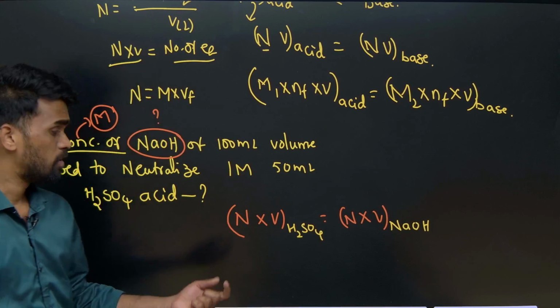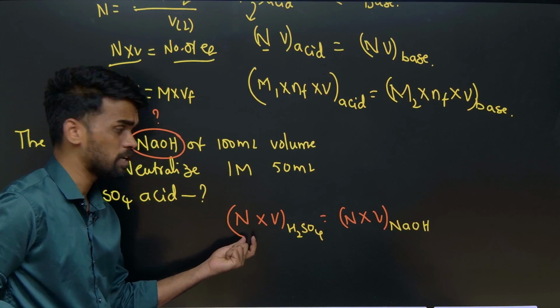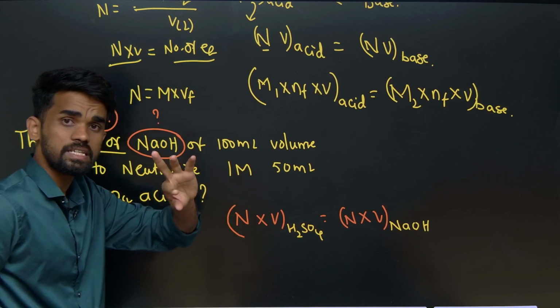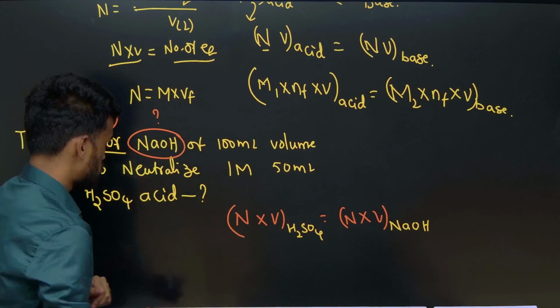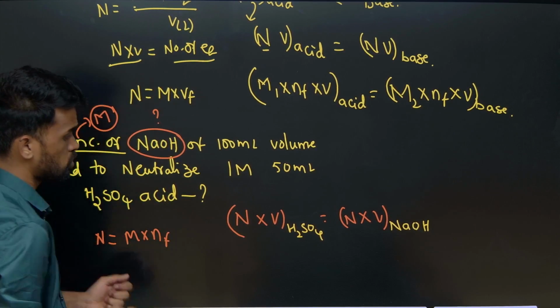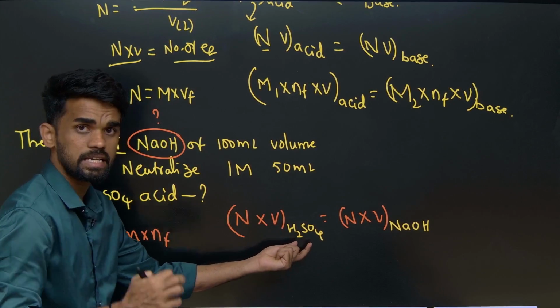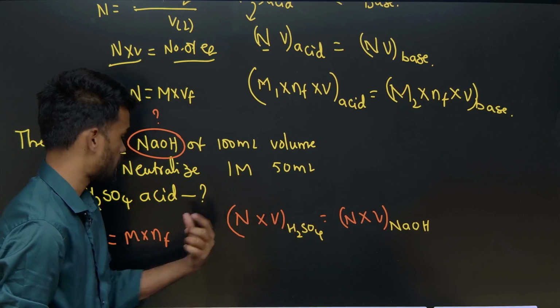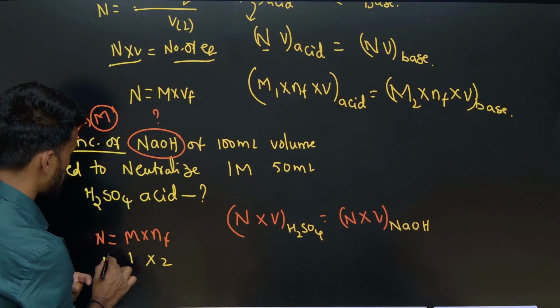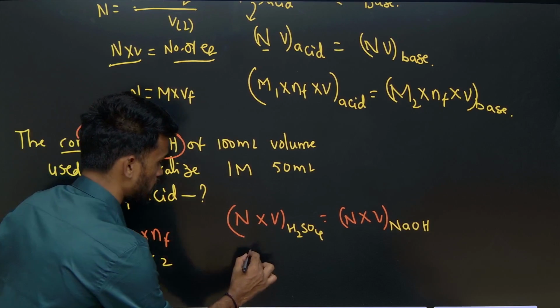Now tell me, what is the normality they have given? Did they give any normality? No, they gave molarity only. What is the relation between molarity and normality? Normality will be molarity into N factor, I told you. What is the N factor for sulfuric acid? It releases 2 H plus ions, therefore it has N factor 2. What is the molarity? It is 1. So normality will be 1 into 2, that will be 2, I am writing.